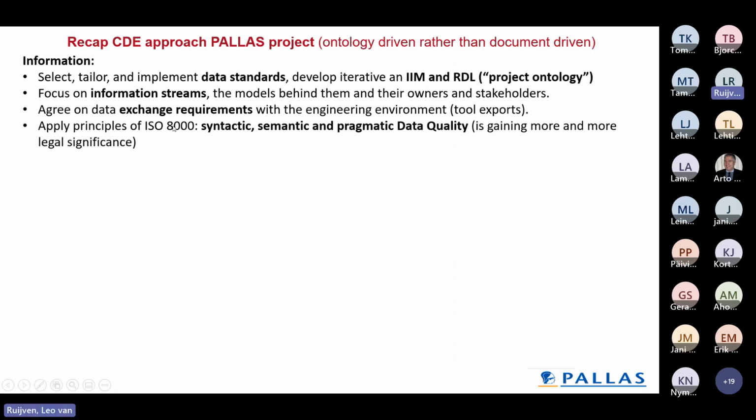Focus on the information streams you detect in the project, between the information management system and between disciplines, and agree on exchange requirements with engineering disciplines and the IM environment, and apply the principle of ISO 8000. So we recognize syntactic, semantic, and pragmatic data quality.